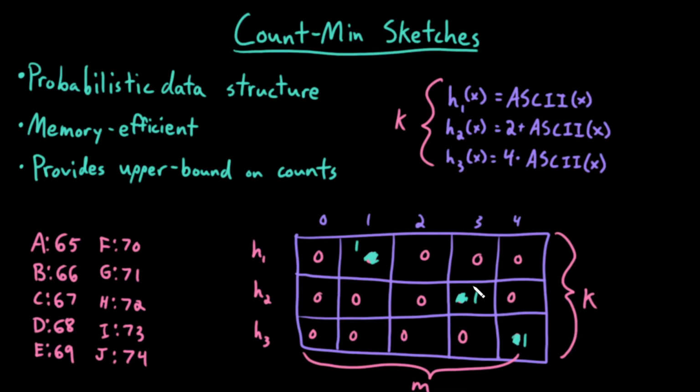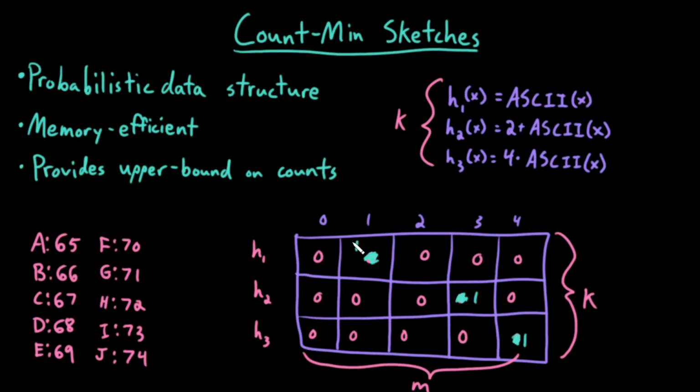So I go to index 3 of the row corresponding to h2. I also have a count of 1. 71 times 4 mod 5 is 4. So in the h3 row, I go to index 4. I see a count of 1. So my counts are 1, 1, and 1. I take the minimum of these three values, which is 1.